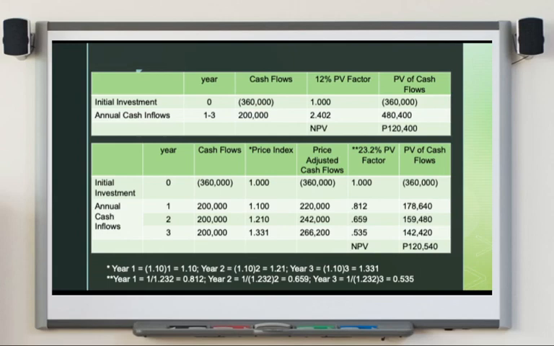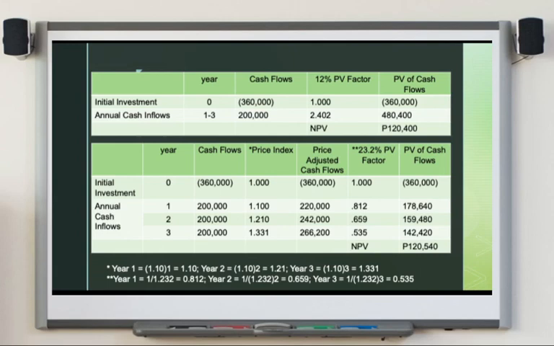And then we cannot use anymore the 12% present value factor, but rather we need to use the market base, and that is 23.2%. If it would be difficult for you to locate a market-based percentage in the table, you can simply follow this formula, and that is 1 over 1 plus the market-based rate, 1.232, which equals 0.812.